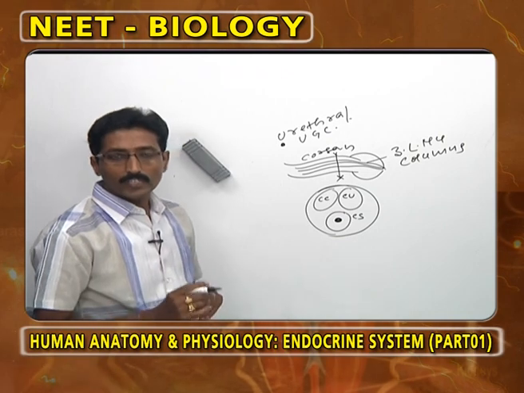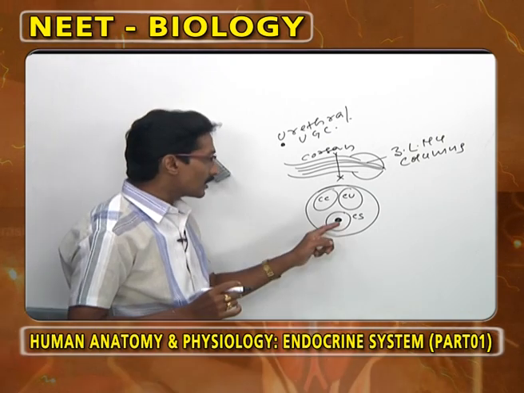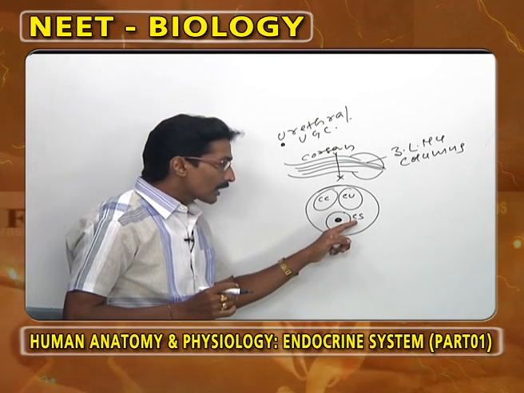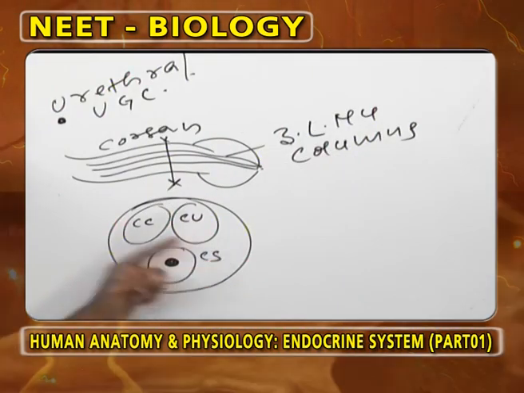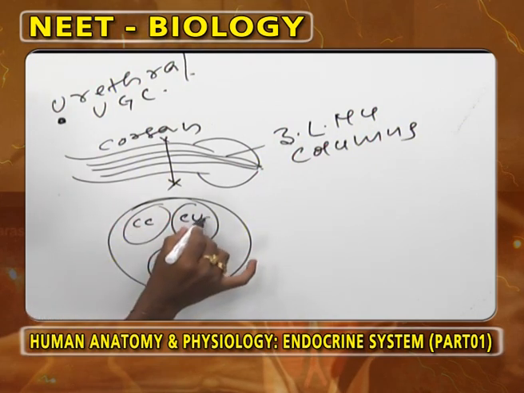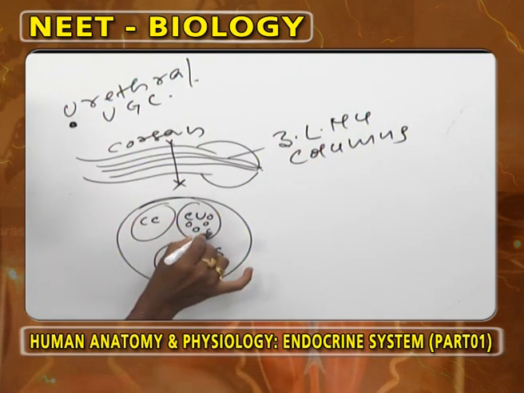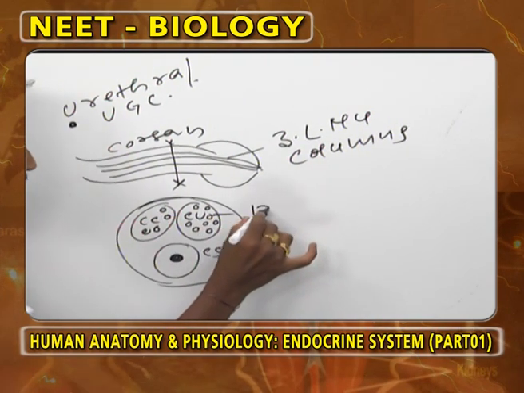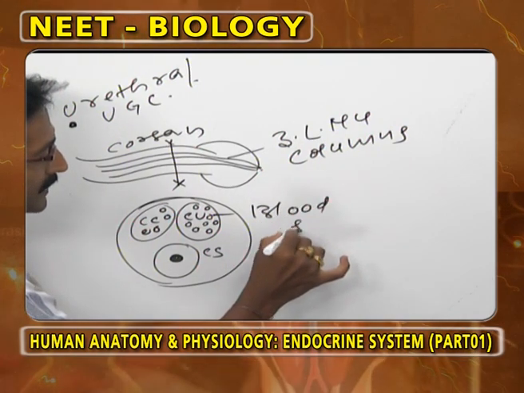Now here the urinogenital canal is present in what type of muscle tissue? Corpus spongiosum. Now what about the corpora cavernosa? In the corpora cavernosa, what are present? The empty blood spaces are present.